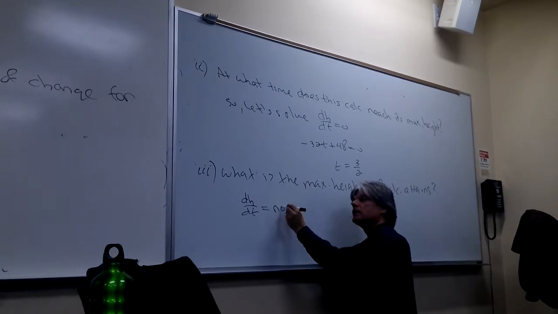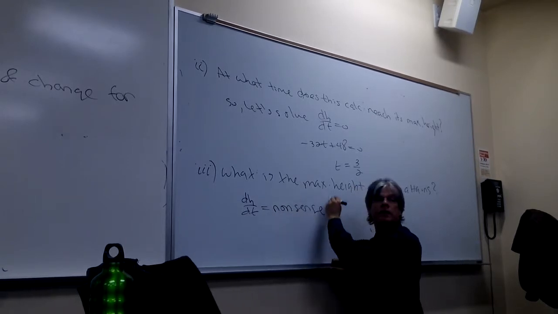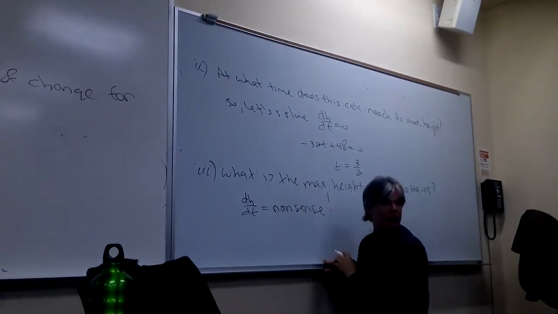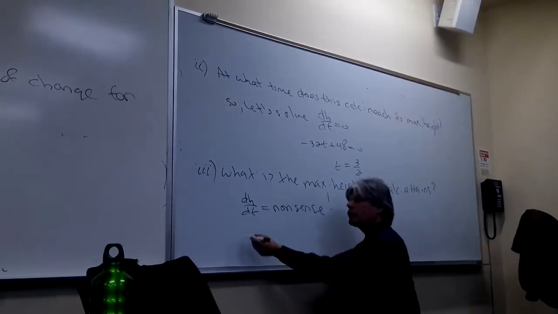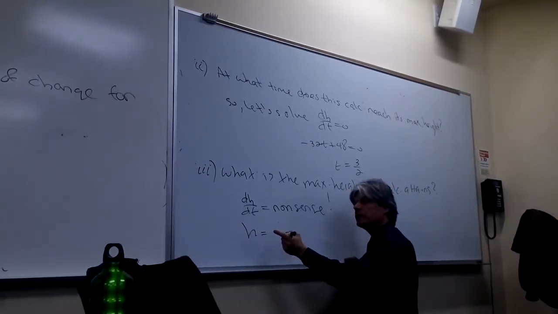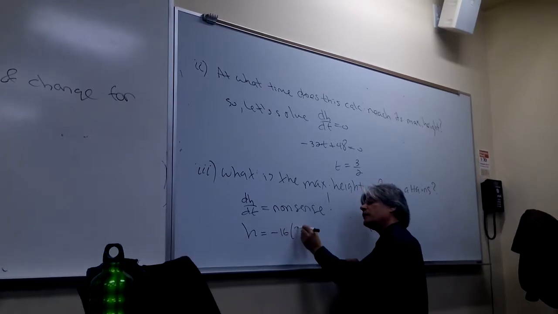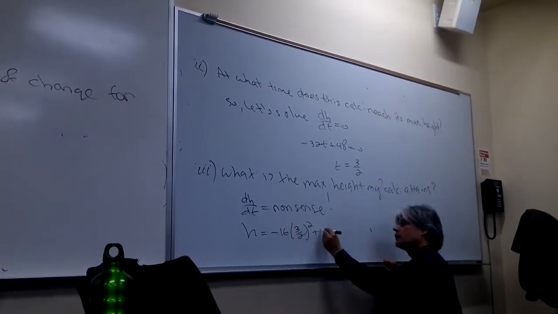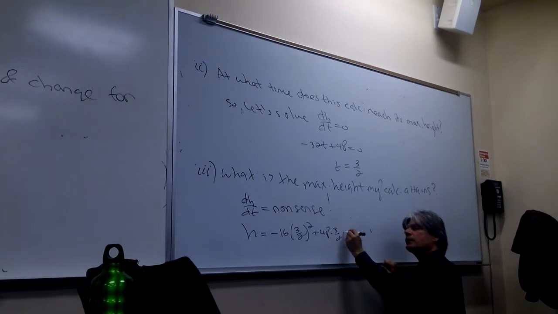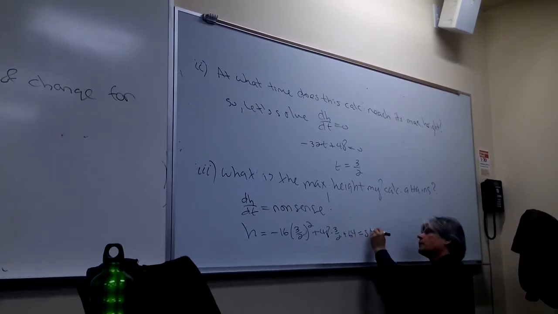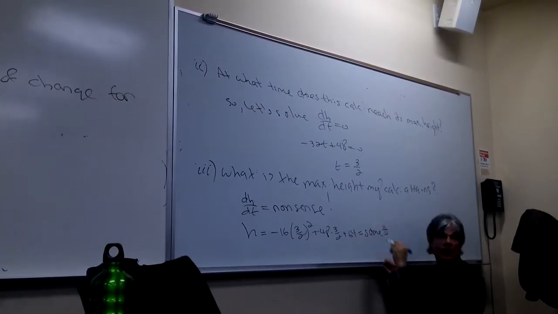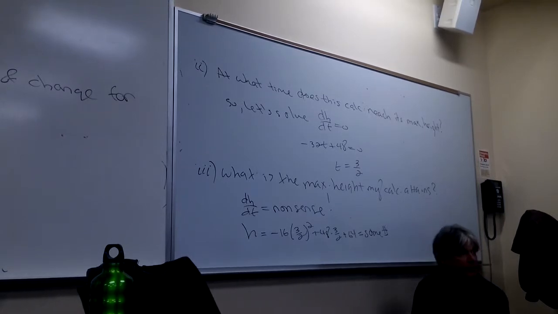I think it's this. It doesn't answer the question, because that gives me velocity. To come up with the corresponding height, I should go back to the original equation. Did you guys see my point? Do you mind if I don't finish the arithmetic? That's how we come up with the maximum height.